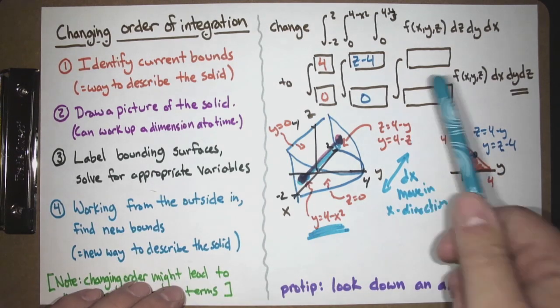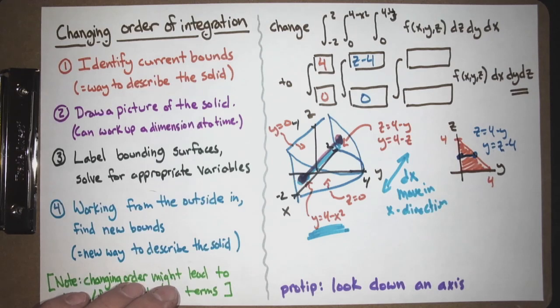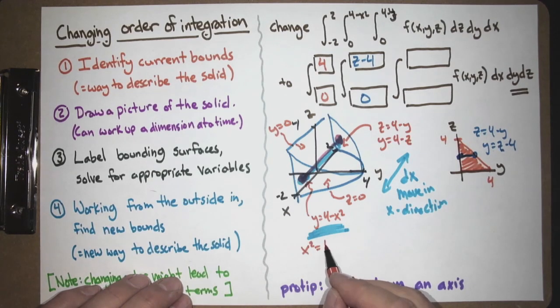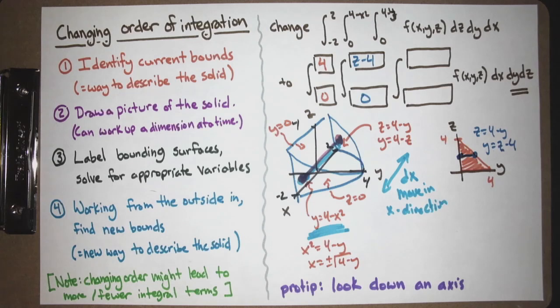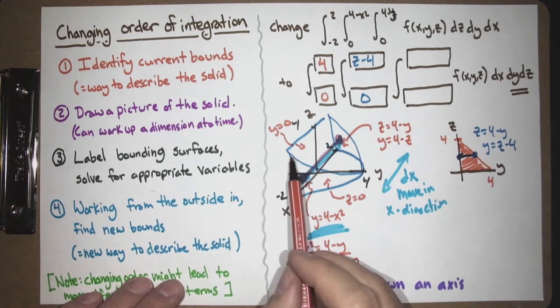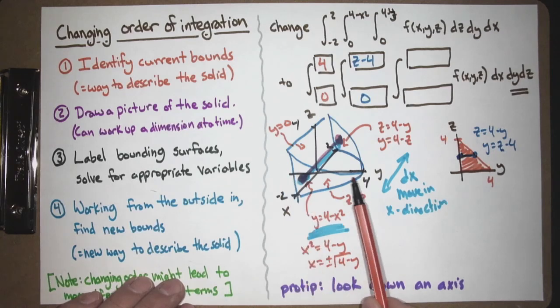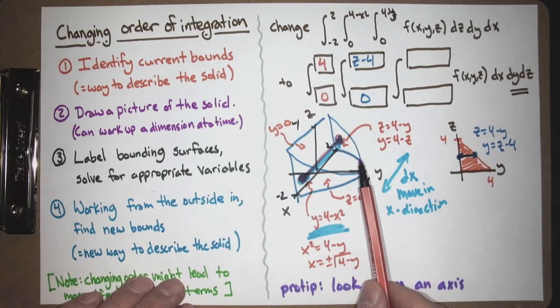But we can't have y equals, we need x equals. So what do we do? Well, this is x squared equals 4 minus y, or x equals plus or minus the square root of 4 minus y. Well, which is it? Both. Good. Because you have this part where the x is positive, this part where the x is negative.